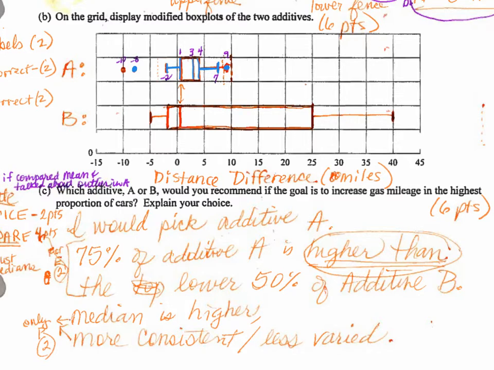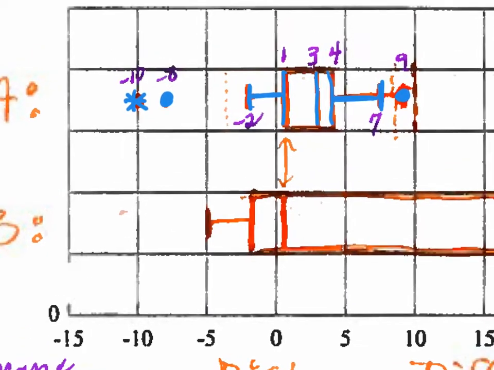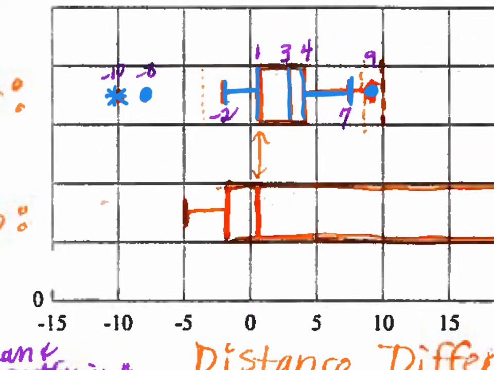Now, one person in my third period told me that that -10 was actually a super special outlier. That was one of those ones that went past 3 IQRs. I don't think they marked it off on the AP. If you didn't have an asterisk there, they just wanted to see that you had it as 2 separate outliers.